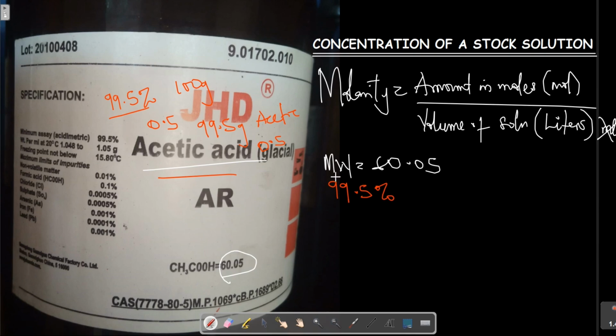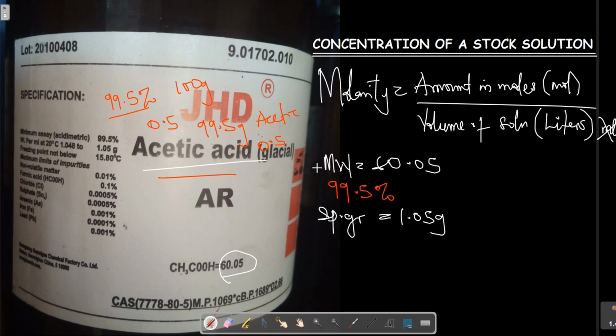All right, so after getting the molecular weight and the percent concentration, the next thing you need to get is the specific gravity, which you can find here, which is the weight per volume at 20 degrees Celsius. The specific gravity for acetic acid at 20 degrees Celsius is 1.05 grams per cm cube.